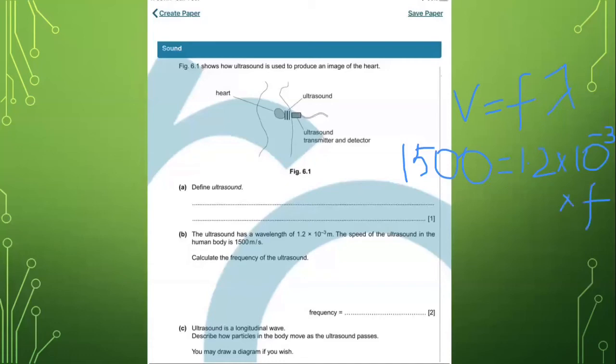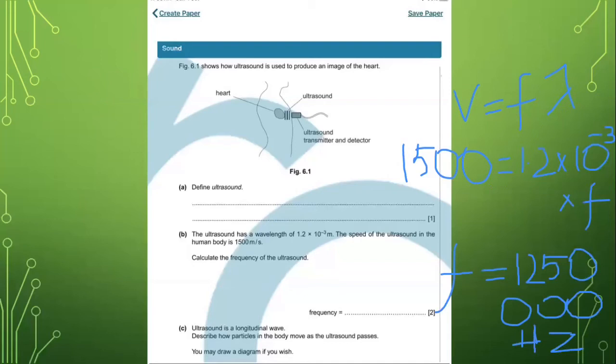So from this we can find the frequency this way.